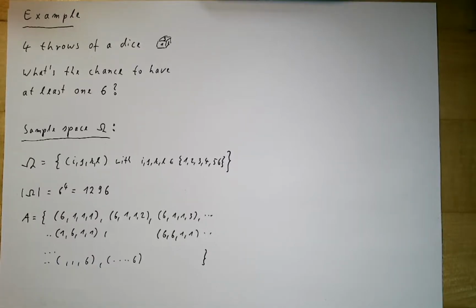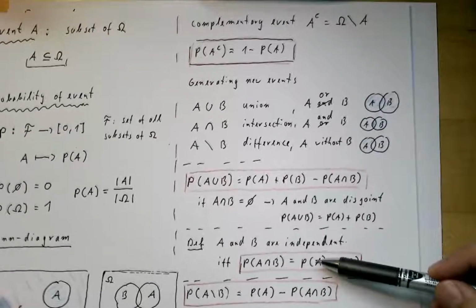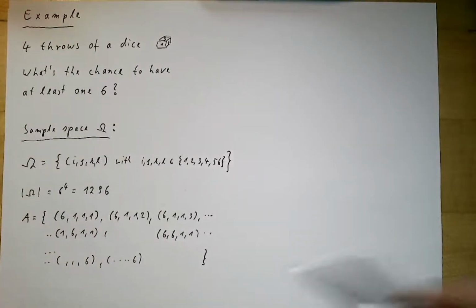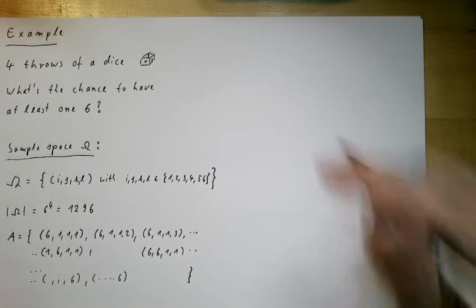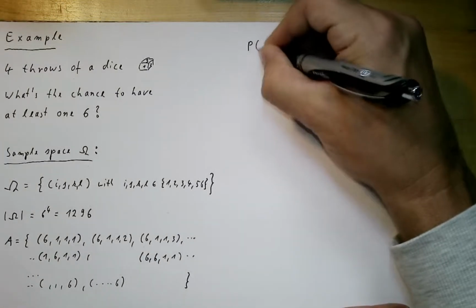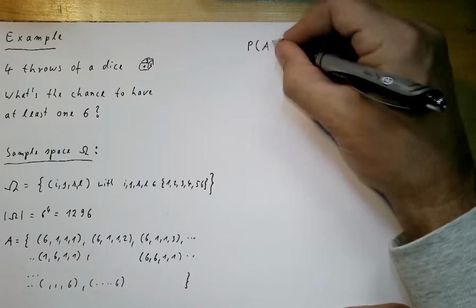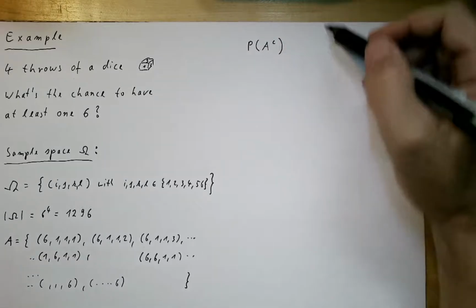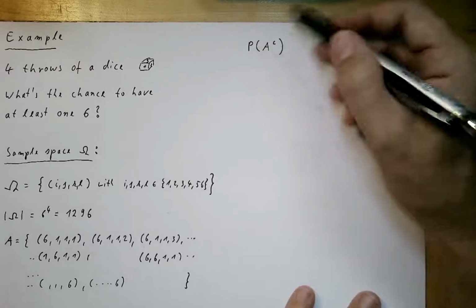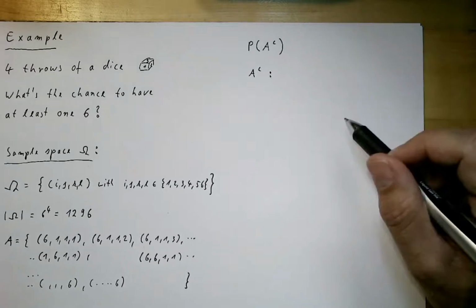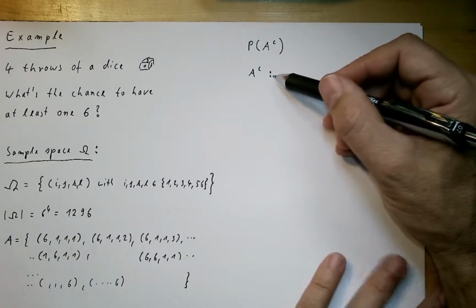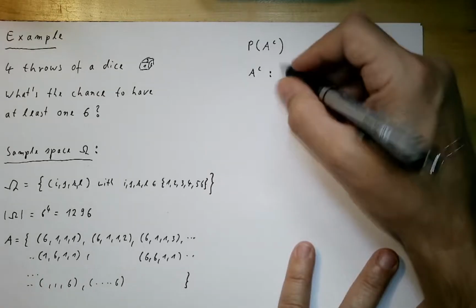But sometimes the rules we had in the last slide will help us make such calculations simpler. For example, in this case, we could just calculate the probability of the complementary event A^C, which is the event that there is no number 6 at all.